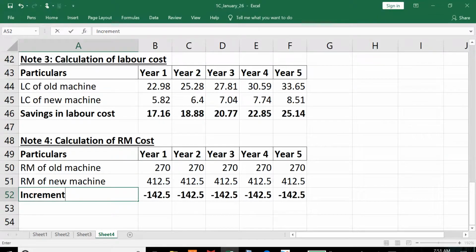Incremental RM cost. Incremental raw material cost. We are going to spend extra rather than saving. We are spending extra mainly because of the higher turnover. Incremental raw material cost 142.5.